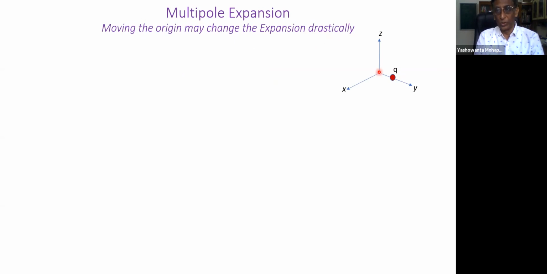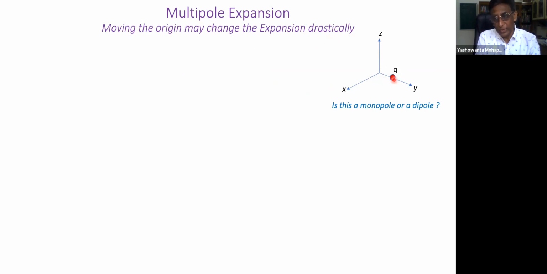Of course, there is a monopole, but now I keep my origin here and displace the charge in some direction away from the origin, or I take the origin away by some vector. Does it remain a pure monopole? That's the question you ask. Is this a monopole or a dipole now?